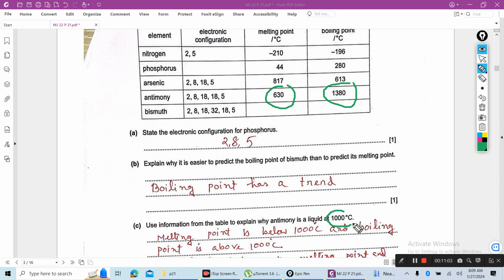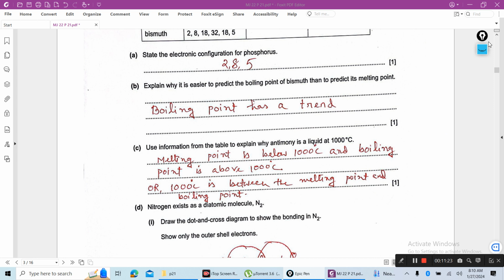So 1000 degrees centigrade is between these two values, so that's why it is a liquid. Or you can write: the melting point is below 1000 degrees centigrade and the boiling point is above 1000 degrees centigrade, or 1000 degrees centigrade is between the melting point and boiling point. If a temperature is between the melting point and boiling point, that compound will be liquid.